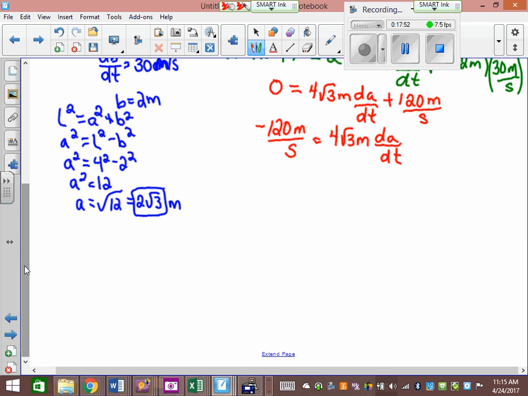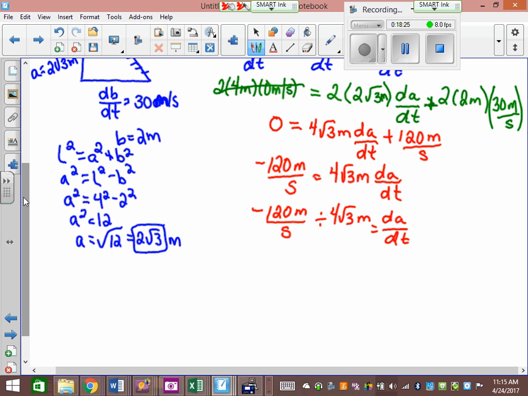Now, in order to do units properly, when you divide by the 4 root 3 meters, I'm going to write it out sideways. Oh, this is meters squared. Sorry. This is meters squared, because it's meters times meters.